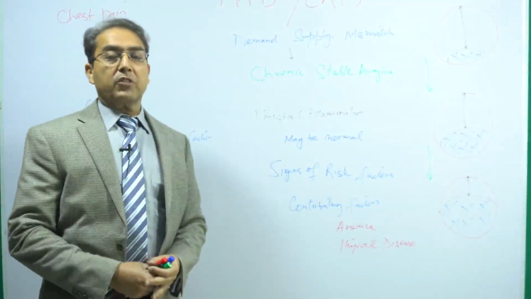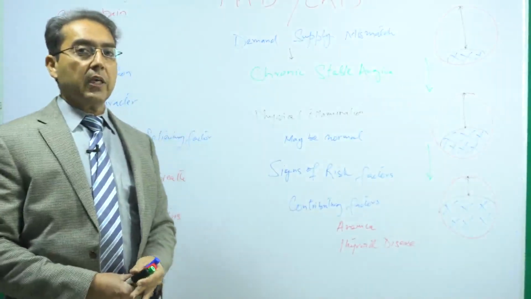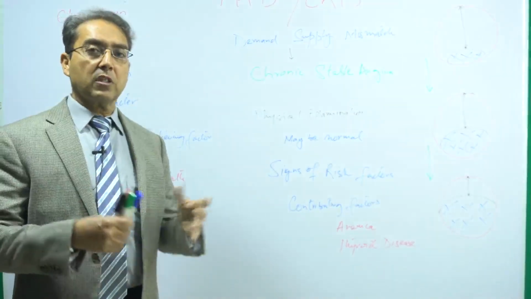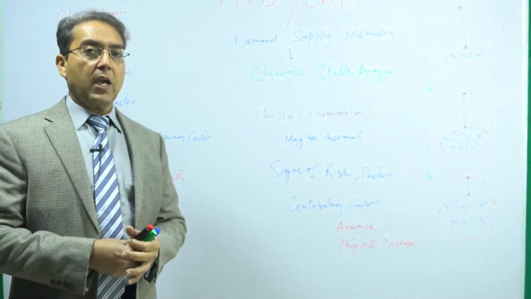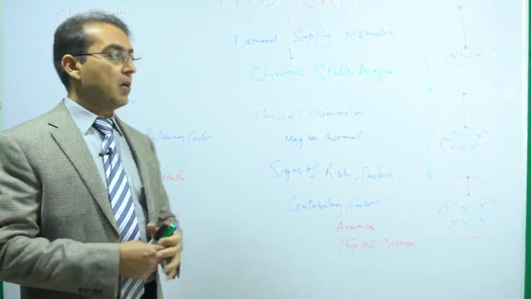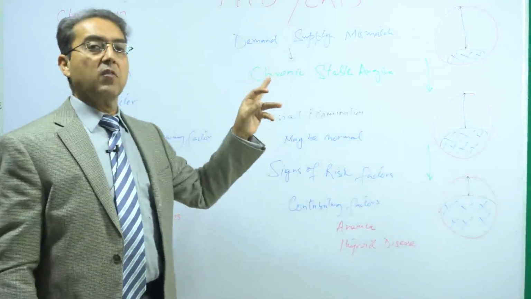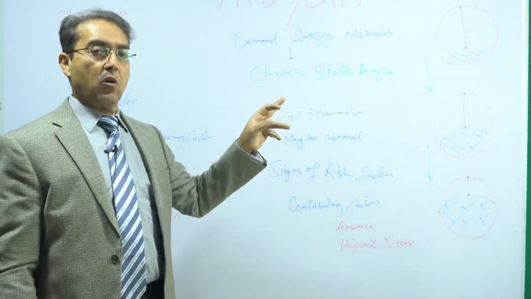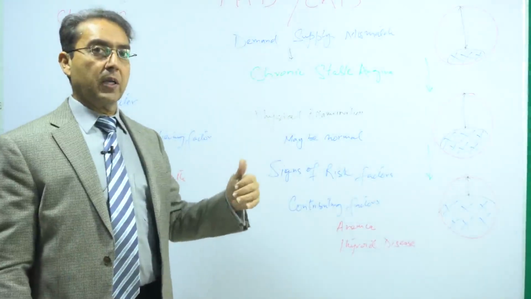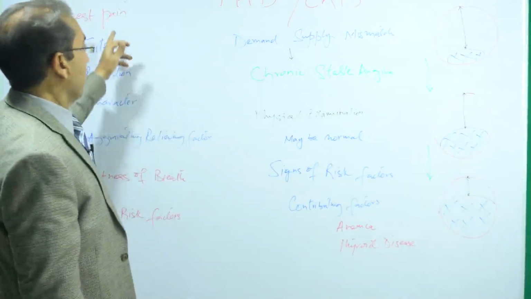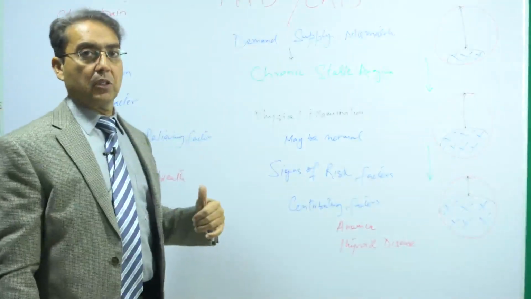The classical feature of angina is that usually it is after a certain specified distance which is different for every individual. And if the patient has taken a meal, this pain may come at a distance less than what is usual for that patient. Or if the patient is walking uphill, or walking against a cold wind, the patient may have pain which comes earlier than routine.